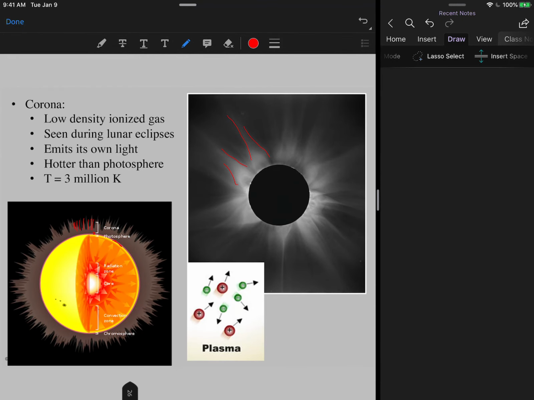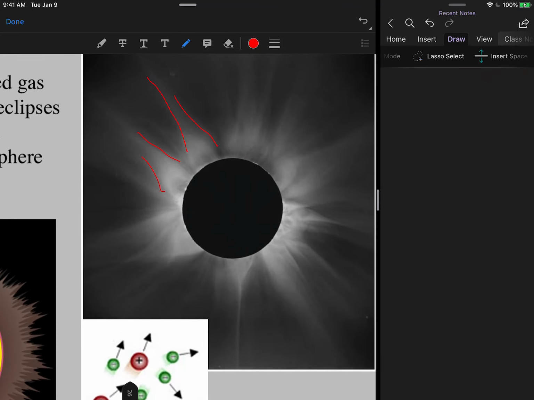And the amazing thing that you find here is that the corona is actually hotter than the surface of the sun. The surface of the sun was at 5,000 kelvins over here. So here that was about 5,000 kelvins. And in these regions here, it jumps to 3 million kelvins.